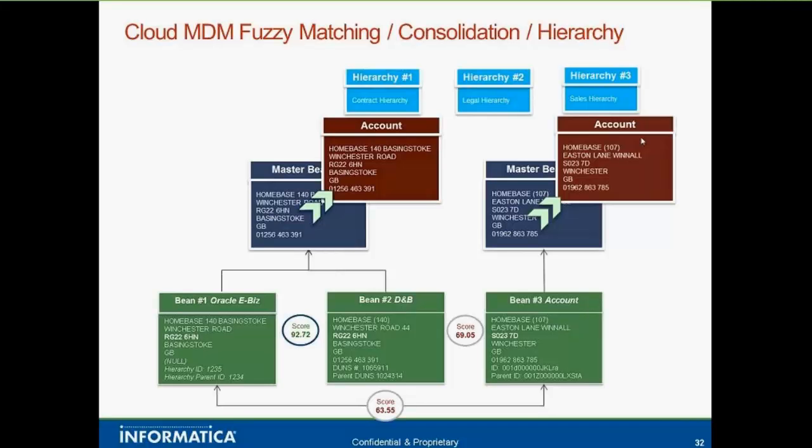Not only can you continue to bring in information from other systems, like service requests, and have it flow to the customer in Salesforce, but you can also utilize that information to clean up your back-end data as well. And this Cloud MDM Bean object will give you the leverage to be able to do that regardless of where you are in the phase.